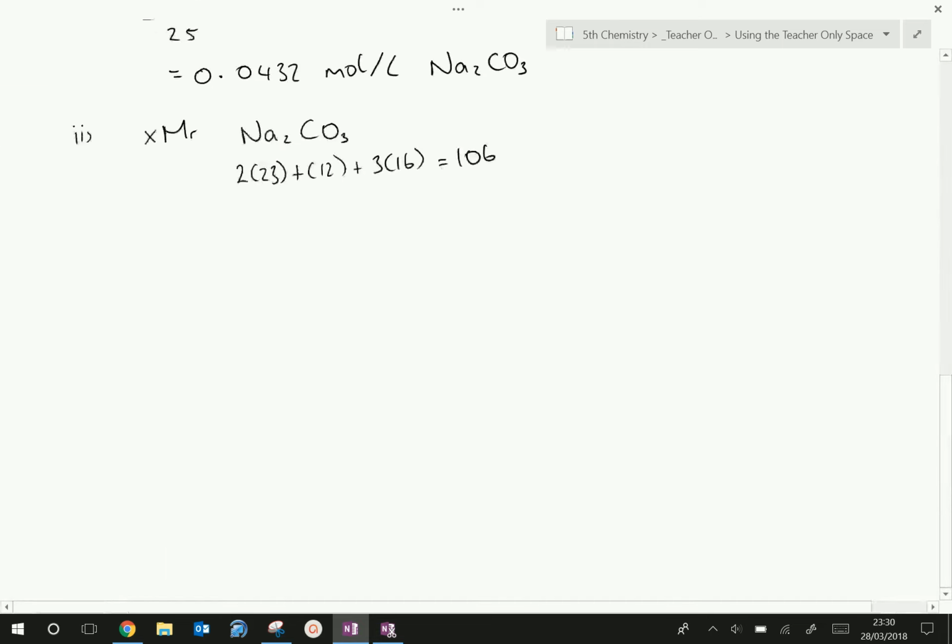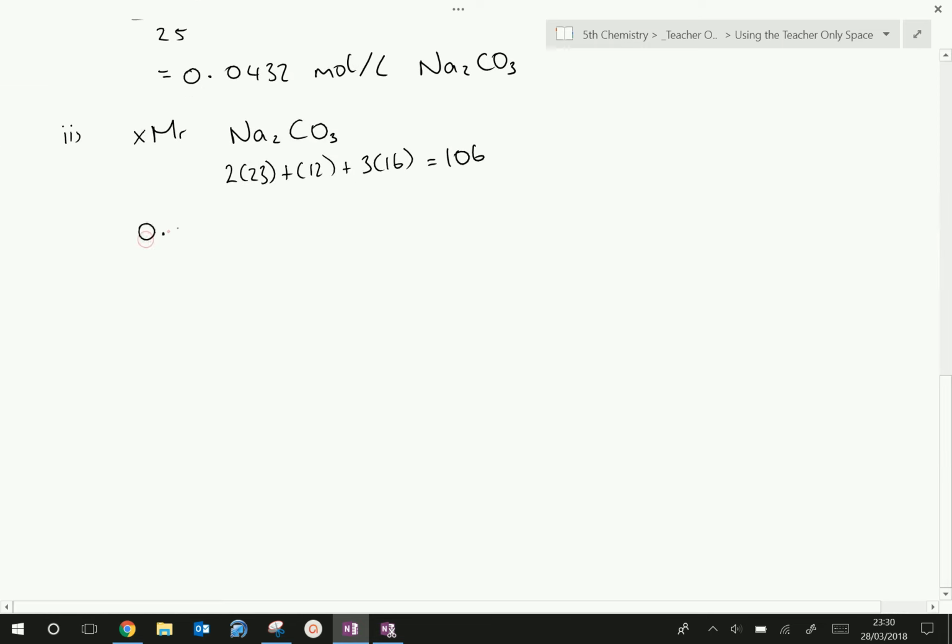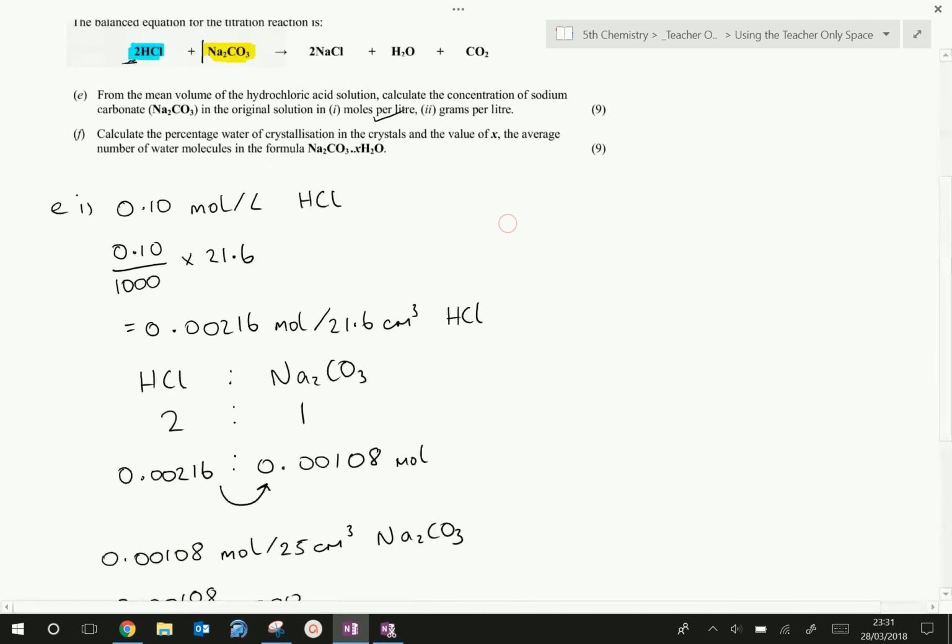So if I take my 0.0432 and multiply by 106, I get 4.5792 grams per litre. And that is part 2 finished for grams per litre.